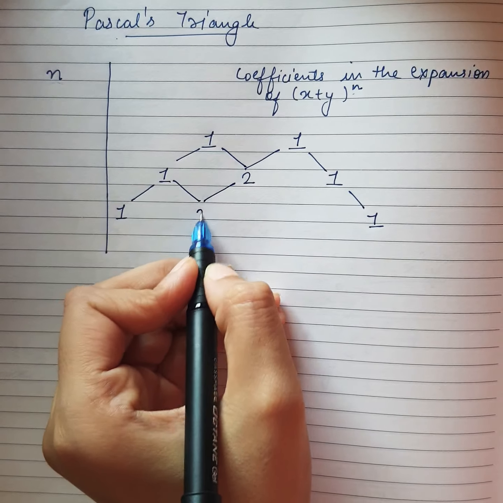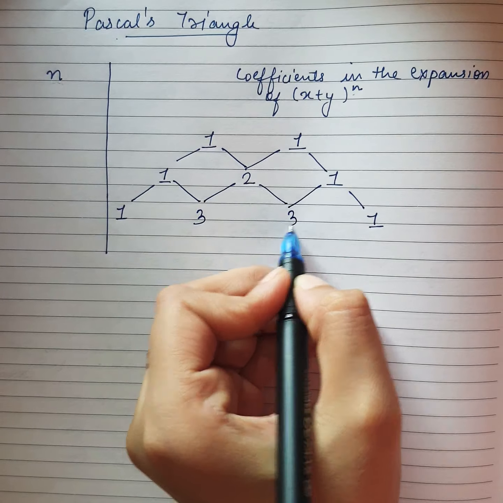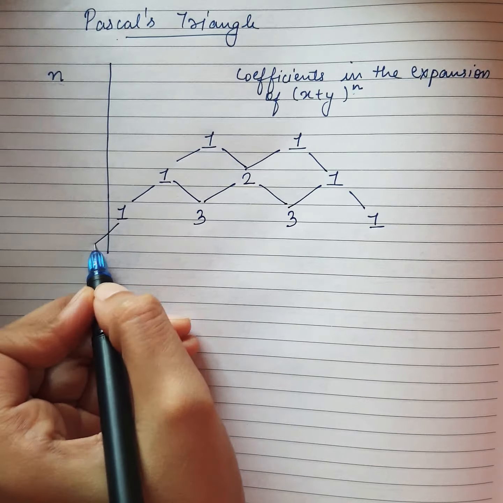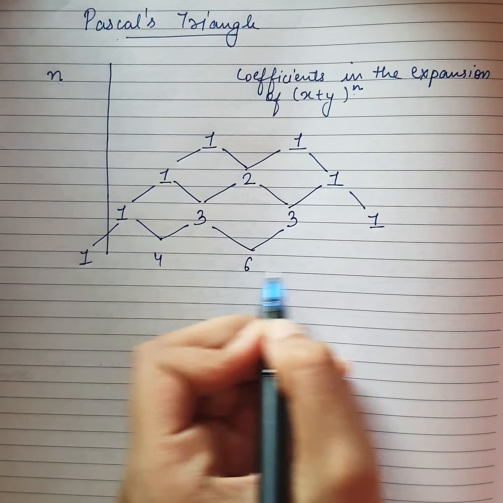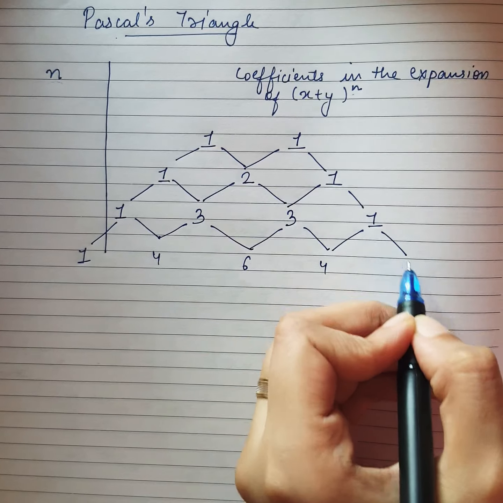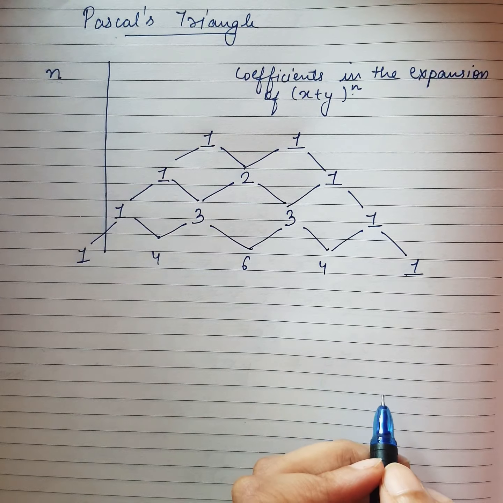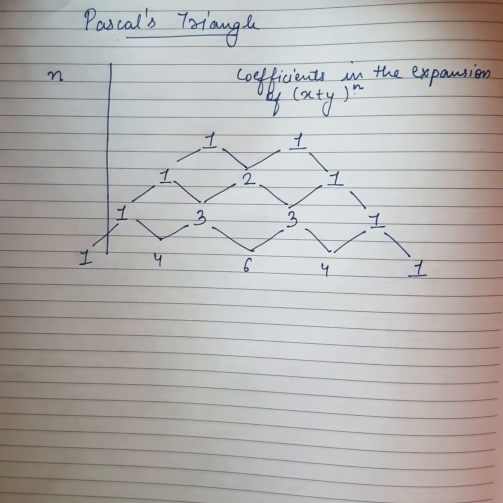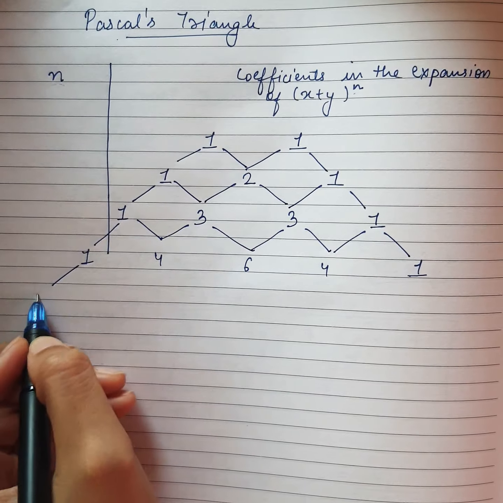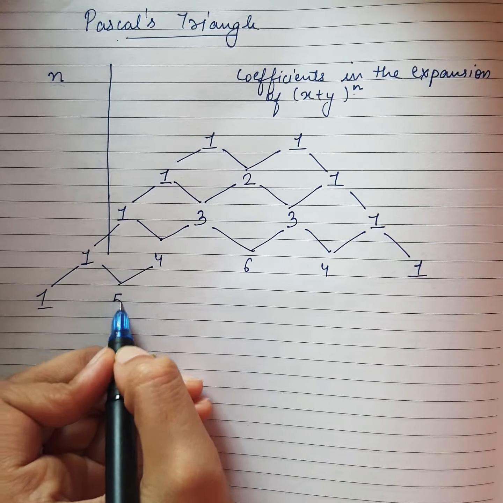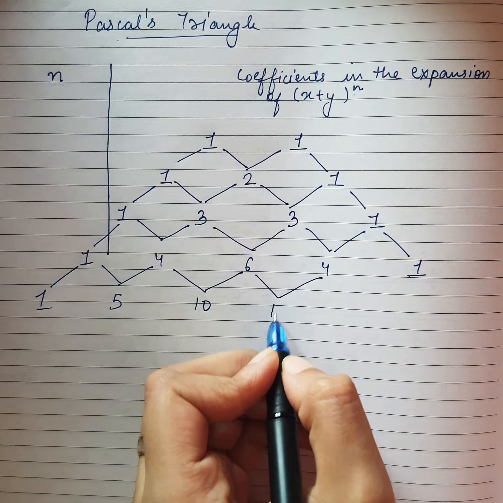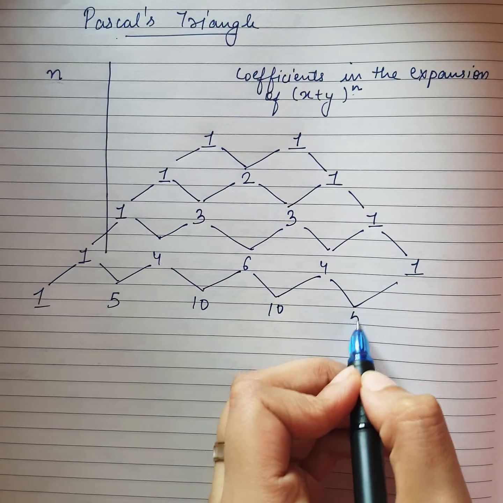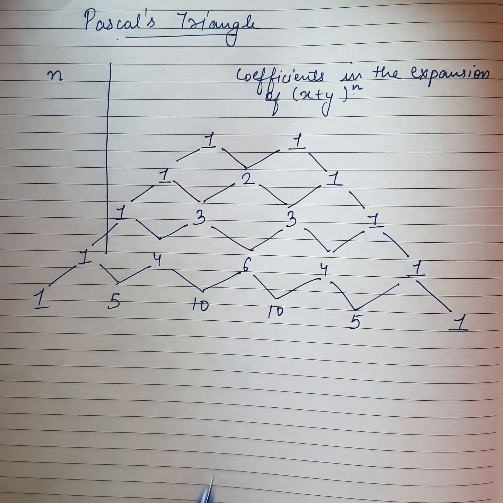Then the sums here, 3, 3. Next step, 1, 4, 6, 4, 1. In the same way the triangle will keep on increasing. Here it will be 1, 5, 10, 10, 5 and 1, and so on.